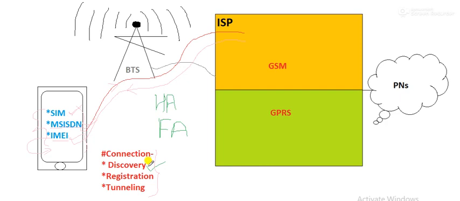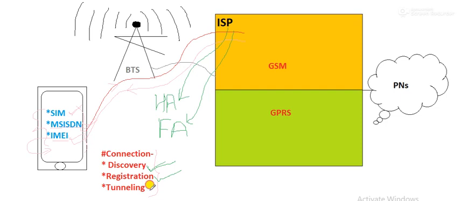So in discovery, the ISP assigns those agents, which might be a home agent or a foreign agent, and after that the registration takes place, after verifying all details from the end user and the ISP.